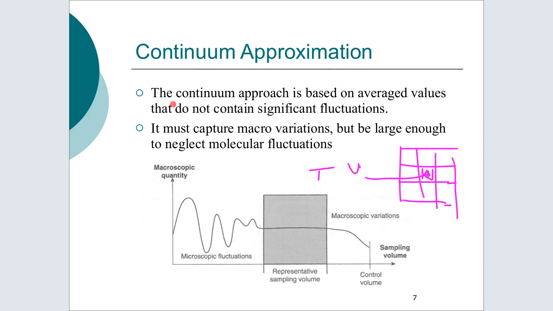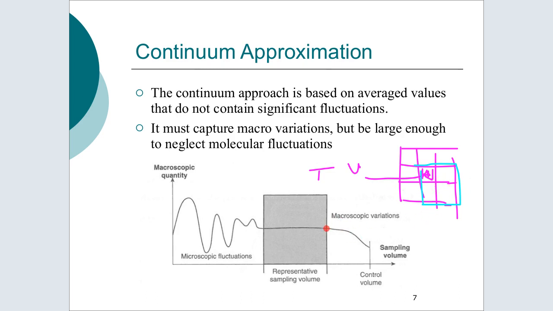And this continuum approach is a bit analogous to this in that we want the grid size to be small enough that it captures all the detail of the flow. But if we have the grid too large, so say we go with a larger grid size that we take to be, say, this one here, that will now have gradients across it, so it will not properly resolve the detail of the flow.